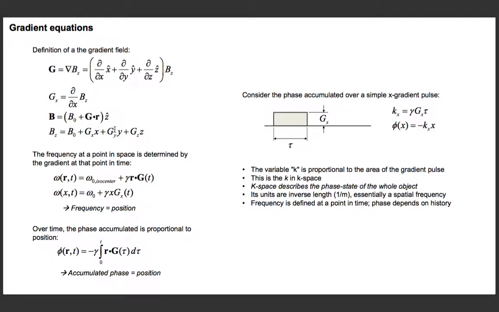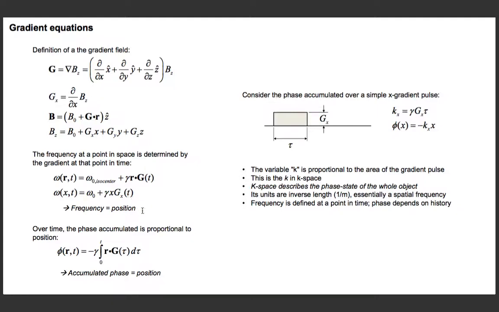And there are two things you can think about with this. As I mentioned, when you put on a gradient, you have different frequencies as a function of space. So the Larmor frequency is now a function of position in space. It's the default frequency plus r dot g. In the x direction, it's a little easier to think of: you've got the on-resonance frequency plus x times gx.